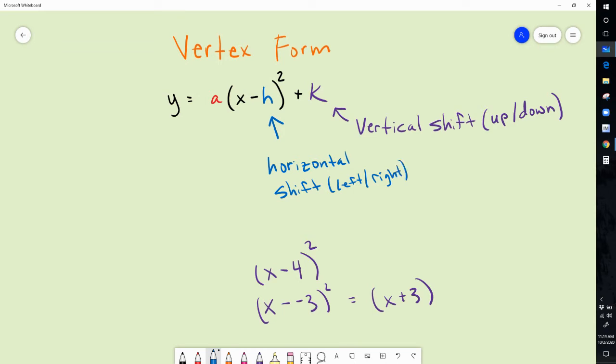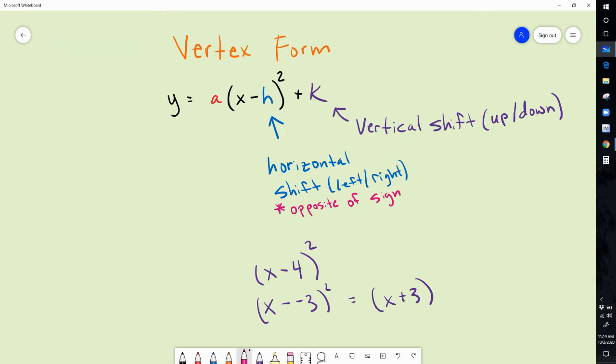Now, I always like to also say that this is the opposite. This shifts opposite the way of the sign. So I'm going to put here in pink, I'm going to put a little asterisk here: opposite of sign. So you would think that if it says minus 4, that it would shift to the left, but it really shifts to the right.